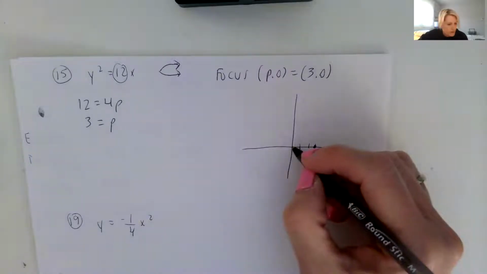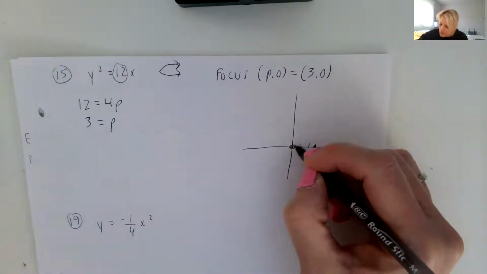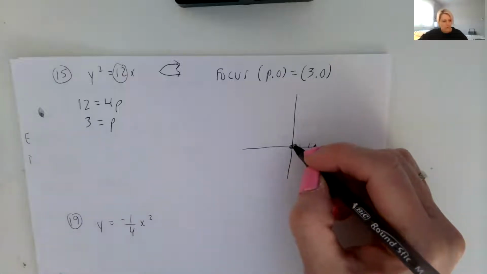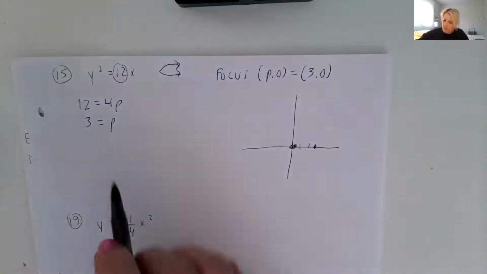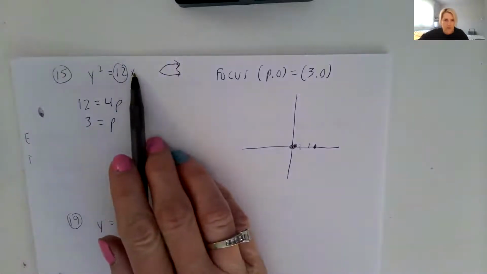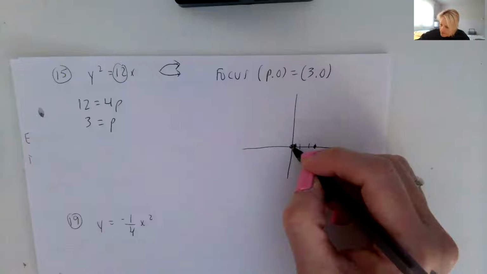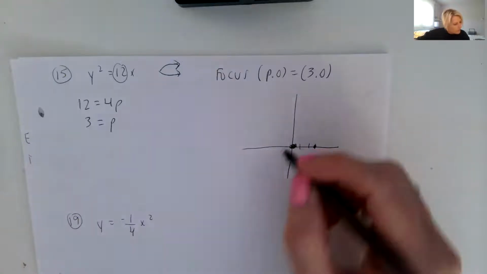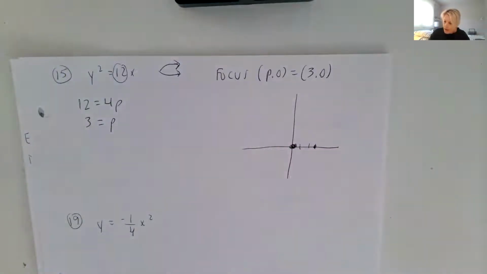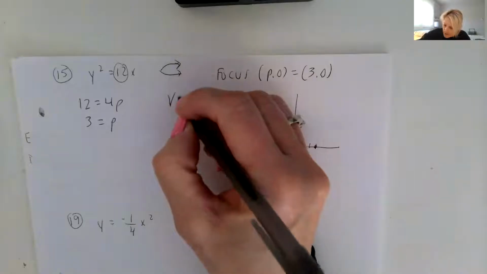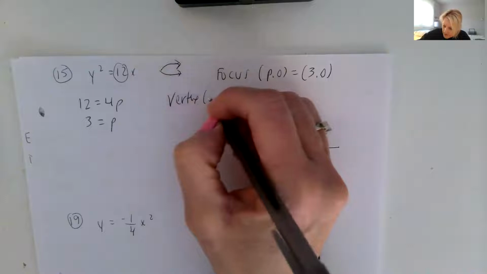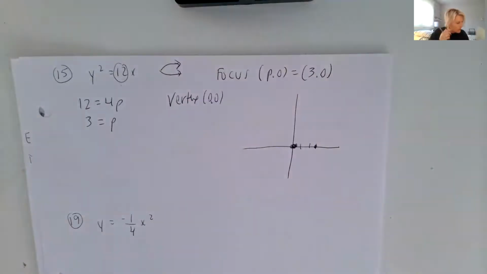Okay, and we know our vertex is at 0, 0, because if you put in 0 for x, y is 0. They want us to find the vertex and the focus. So the vertex is at 0, 0.